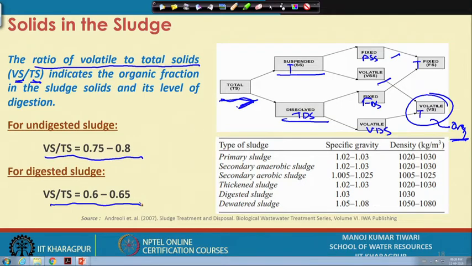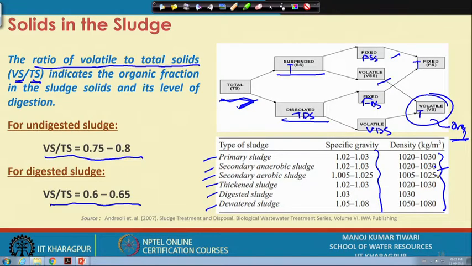Now, if we see the different types of sludge, the primary sludge, secondary anaerobic sludge or secondary aerobic sludge, thickened sludge, digested sludge, dewatered sludge, they have specific ranges of specific gravity and density. What we see is that primary sludge typically has a density of the order of say 1020 to 1030, slightly higher than that of water. Secondary anaerobic sludge has similar density.